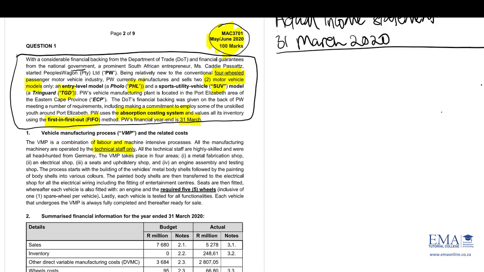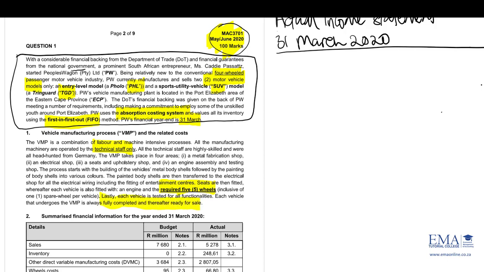Seats are then fitted, whereafter each vehicle is also fitted with an engine and the required 5 wheels, inclusive of 1 spare wheel per vehicle. Lastly, each vehicle is tested for functionality. Each vehicle that undergoes the VMP is always fully completed and thereafter ready for sale.